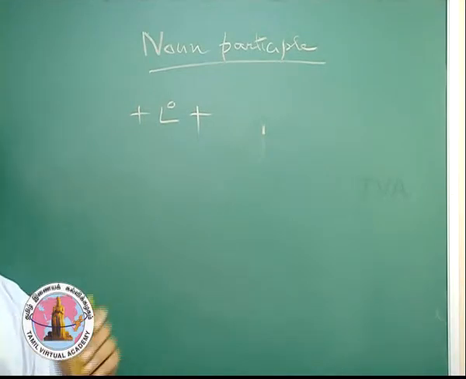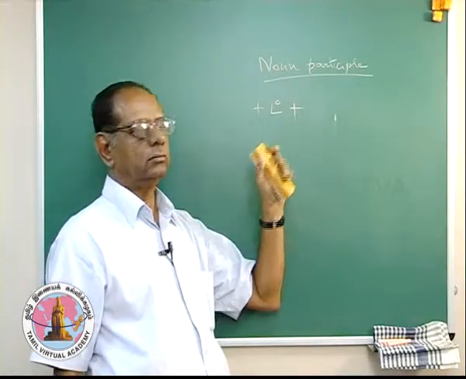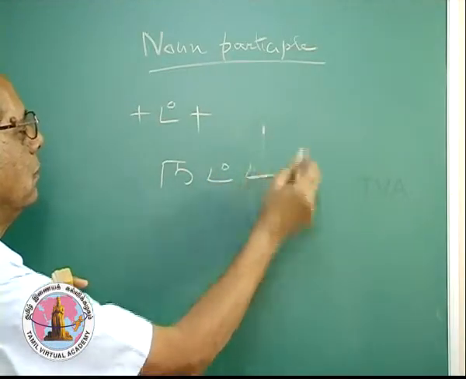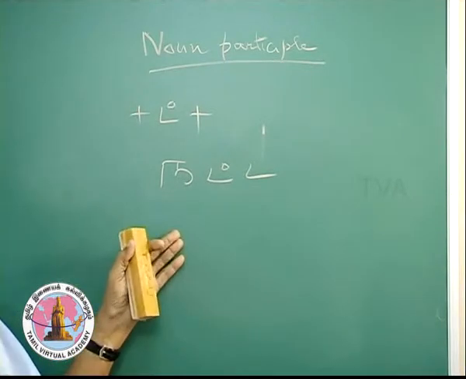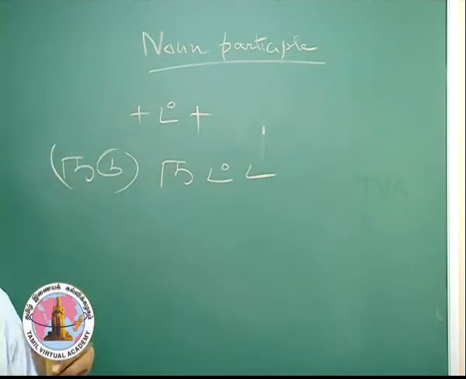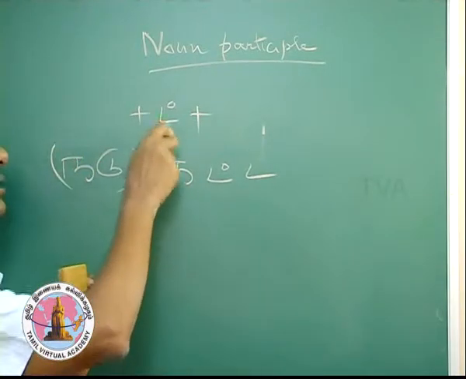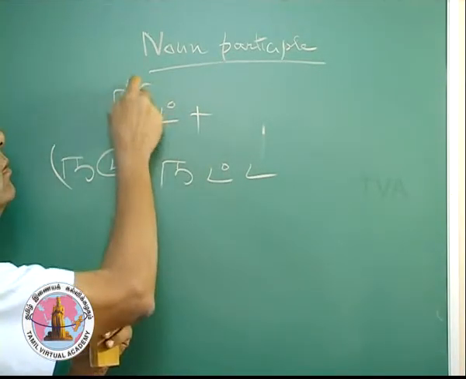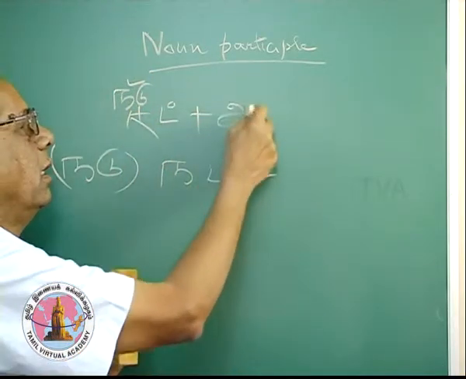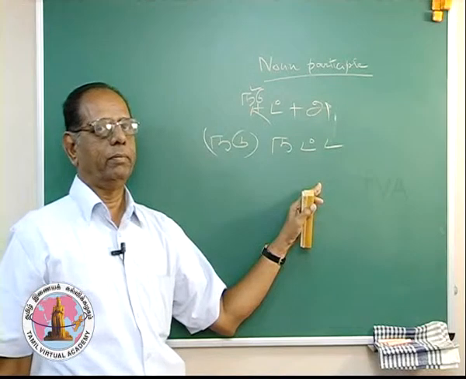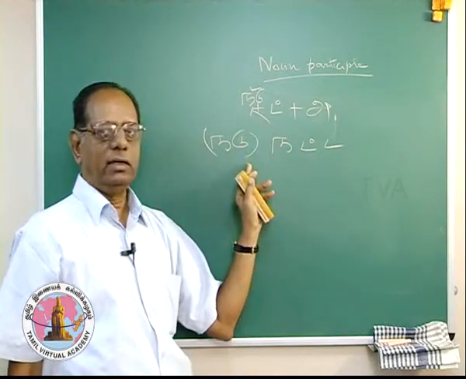We go to the third set. Can you recognize this? This is from Nadu, to plant. It takes the tense marker and it gets doubled. Nattamaram. Nadu, to plant.